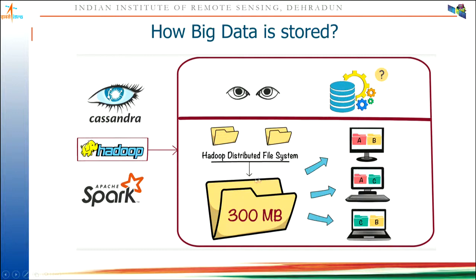We divide the data into multiple chunks. For example, it is shown here with 3 compute nodes. A and B are available in compute node 1, A and C in compute node 2, and C and B in compute node 3. So you can see that there is no chance of failure if one compute node goes down, because your data will still be intact. This is how the data structure is designed.